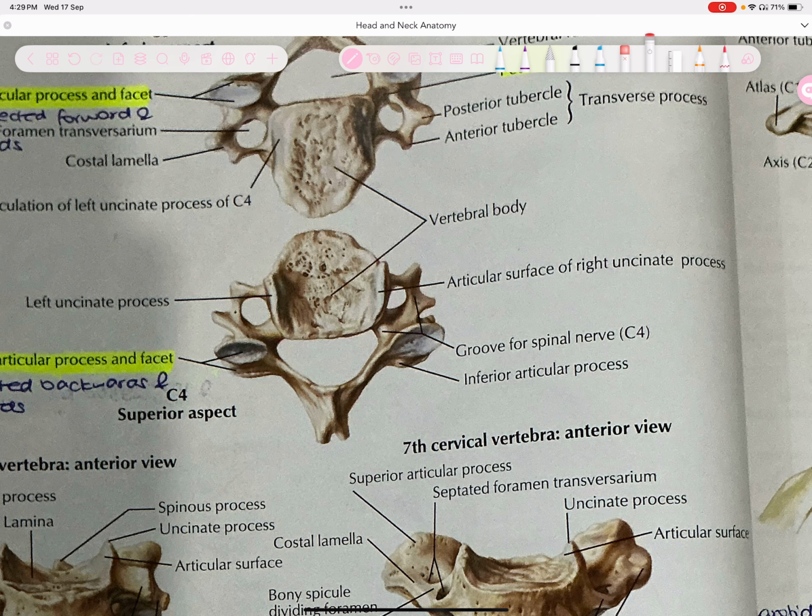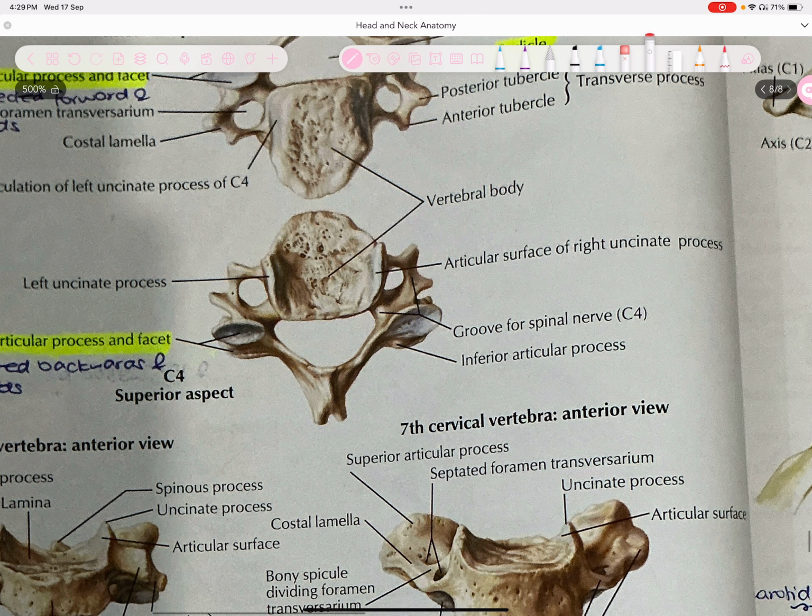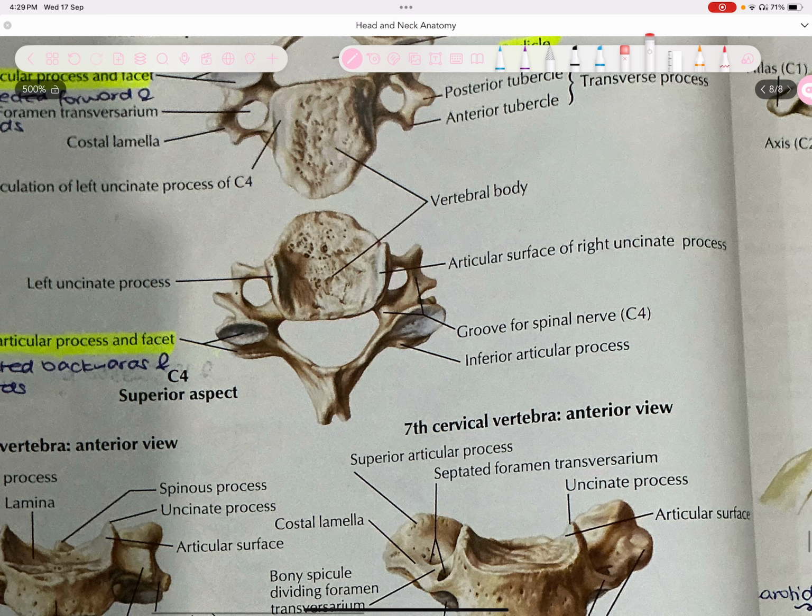Now, talking about the secondary centers: two for the annular epiphyseal disc for the peripheral parts of the upper and lower surfaces of the body, two for the tips of the transverse processes, and two for the bifid spinous process. These basically appear during puberty and fuse with the rest of the vertebra by 25 years.